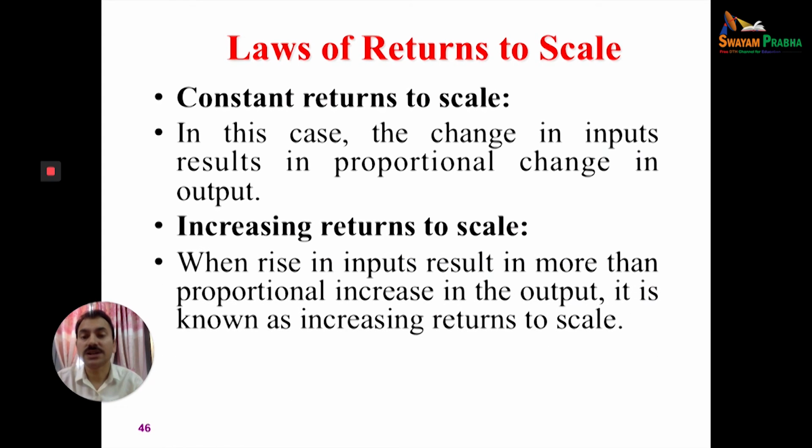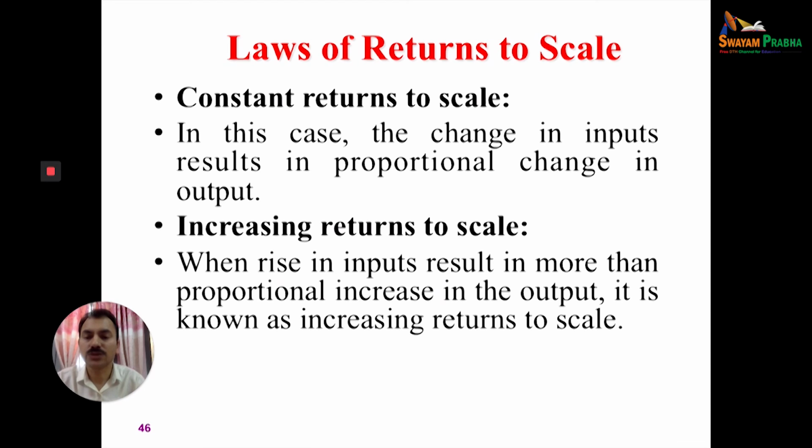Whereas increasing returns to scale, when a rise in input results in a more than proportional increase in output, is known as increasing returns to scale. Say if you increase input by 5%, output will increase by 7 or 8 or 9%, which means there is increasing returns to scale.